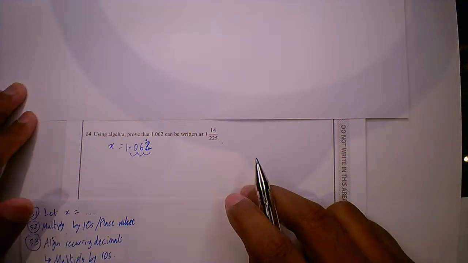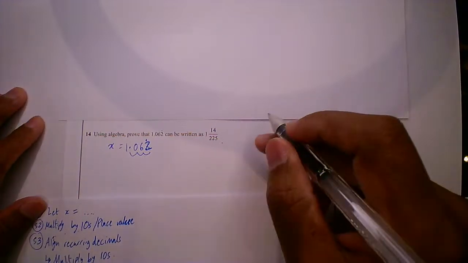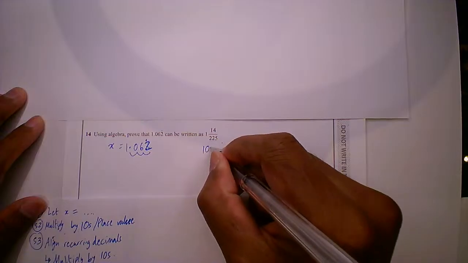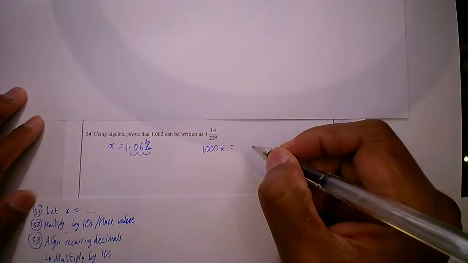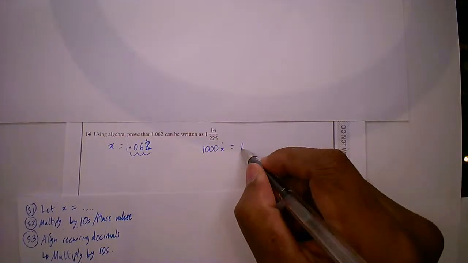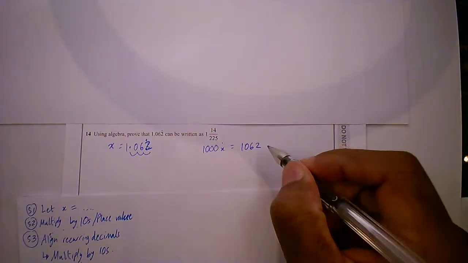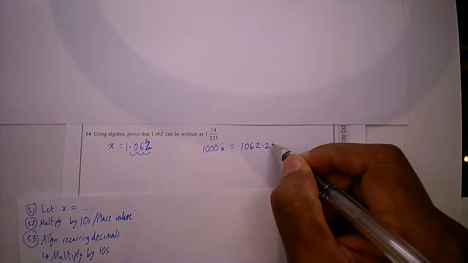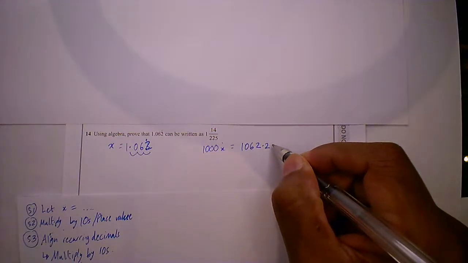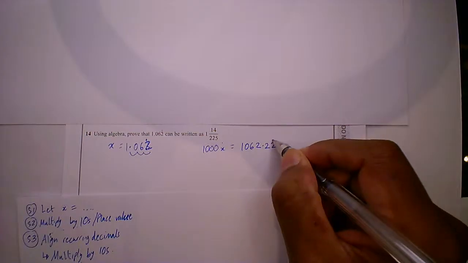So I've got 1000x equals, what do I have? 1062.062 recurring. Okay, so we've got that there.